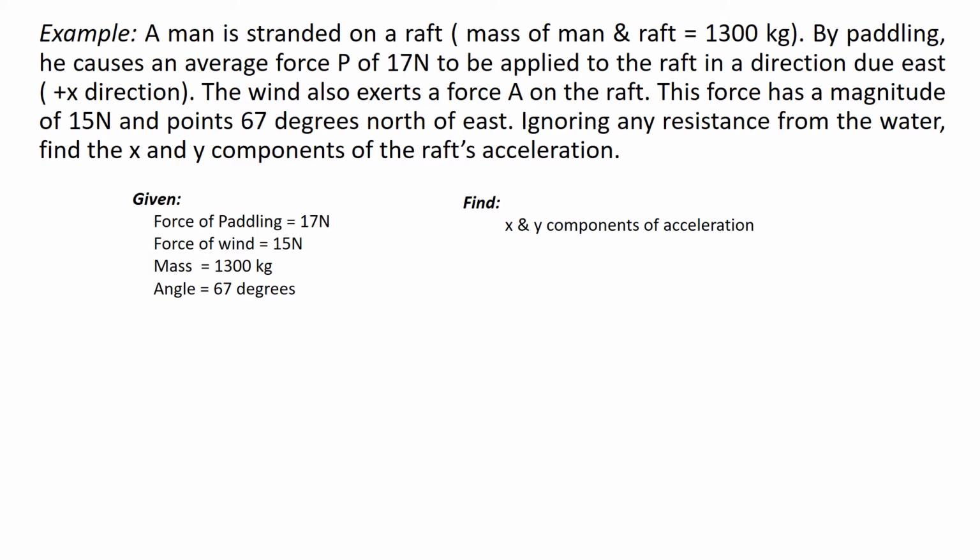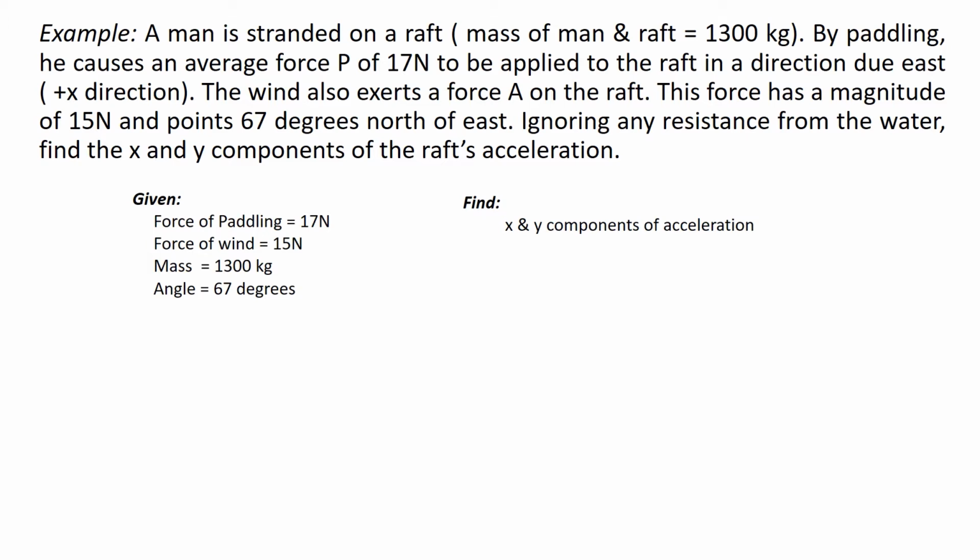And this is basically the application of vector components from our previous lesson, and we're going to apply that here because force, as you know, is an example of a vector quantity, and when we say vector quantity, it has both magnitude and direction.